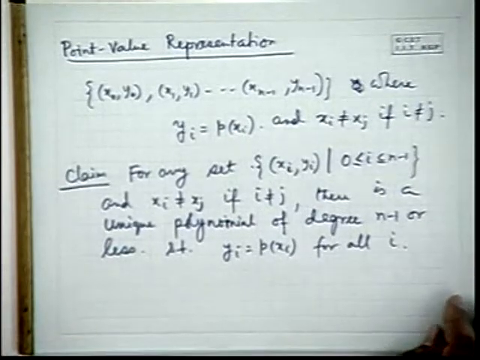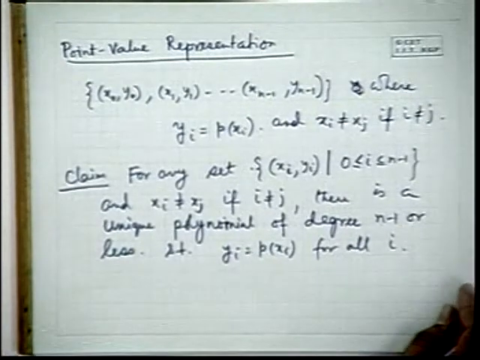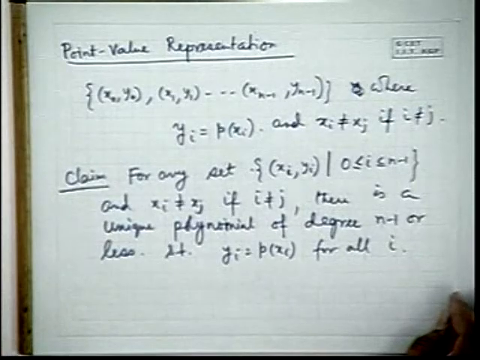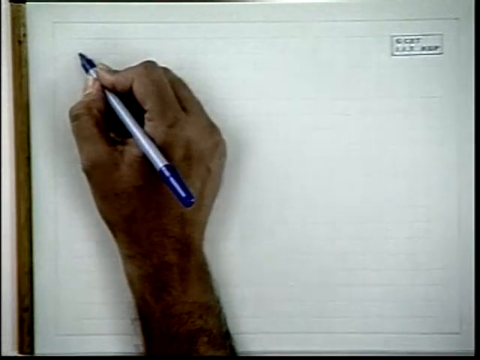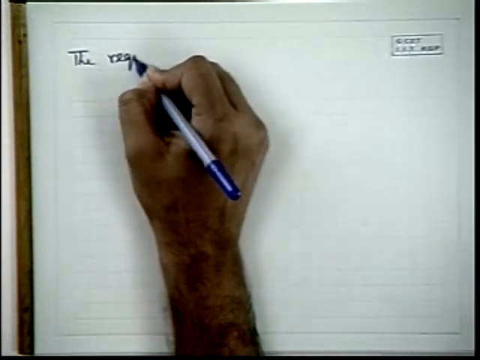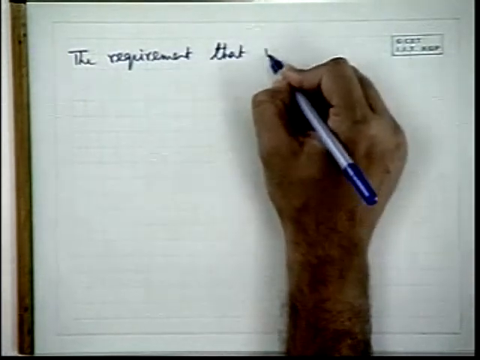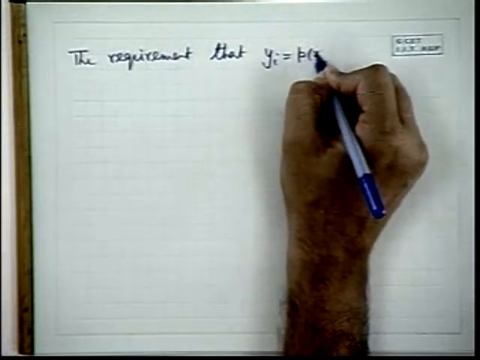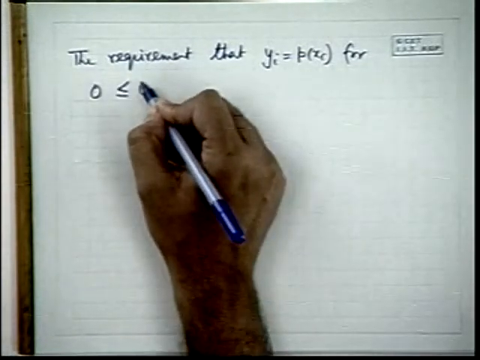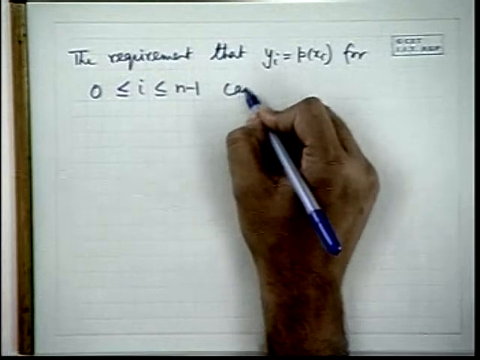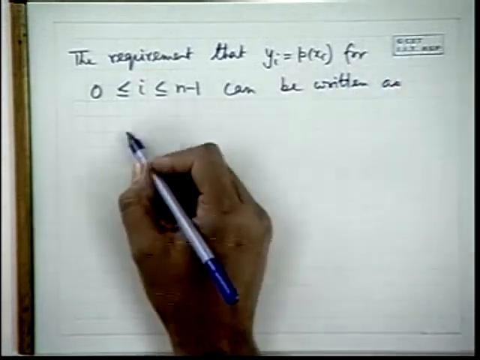This we probably all know from numerical analysis, but to give you an idea what it means, this entire setup can be expressed as a transformation of matrices, nothing else. The requirement that yi is equal to p of xi for 0 to n minus 1 can be written as a set of linear equations.